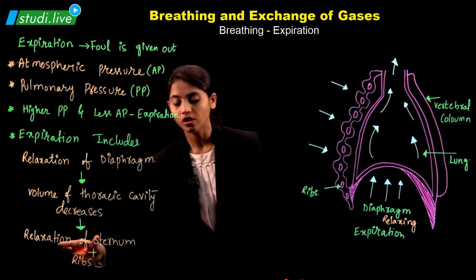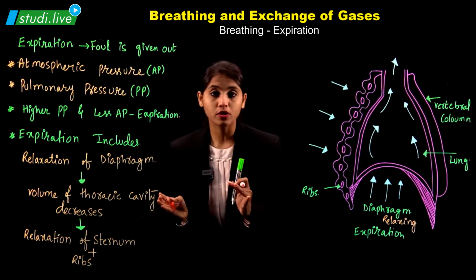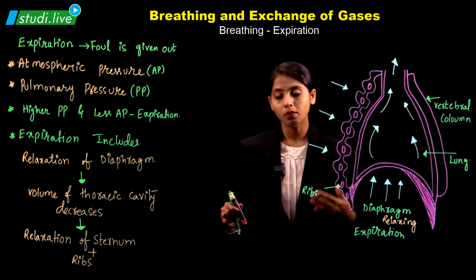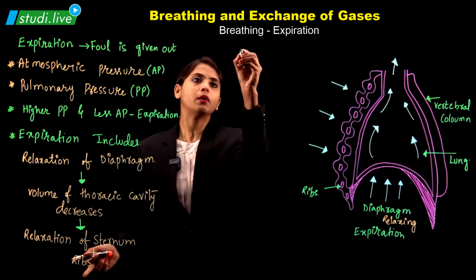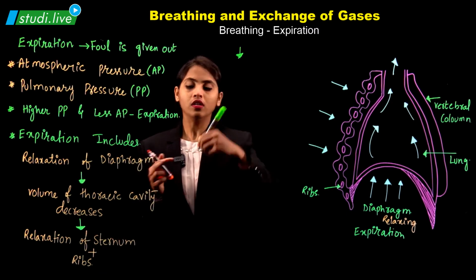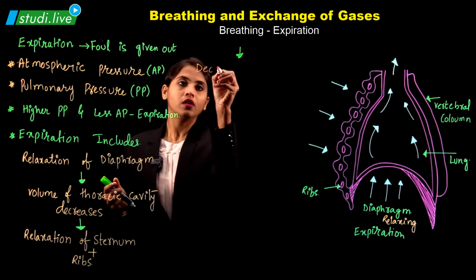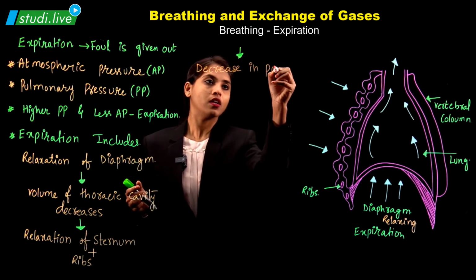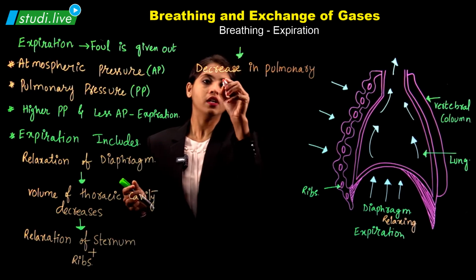There is relaxation in the sternum as well as in the ribs. When they are in the relaxed position, they are not occupying much space, but they are taking their original position. Are you understanding, students? Well, then what will happen ultimately? There will be a decrease in pulmonary volume.